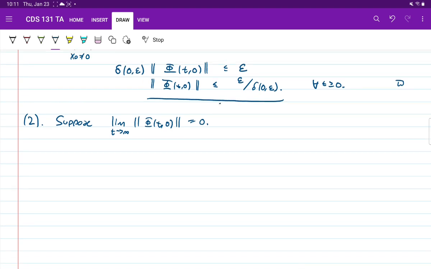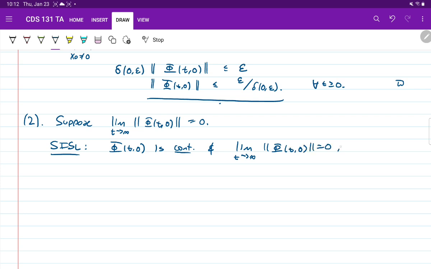So for stability in the sense of Lyapunov, since phi of t comma 0 is continuous, and the limit as t goes to infinity of the norm of phi of t comma 0 equals 0, what we actually have is that the norm of phi of t comma 0 is bounded for all t greater than or equal to 0.